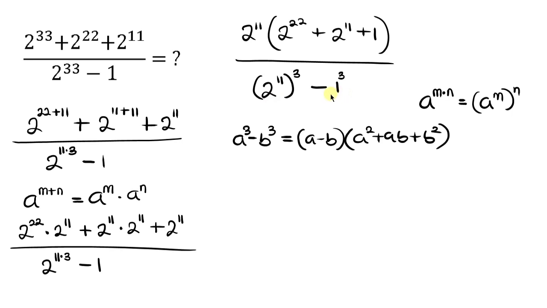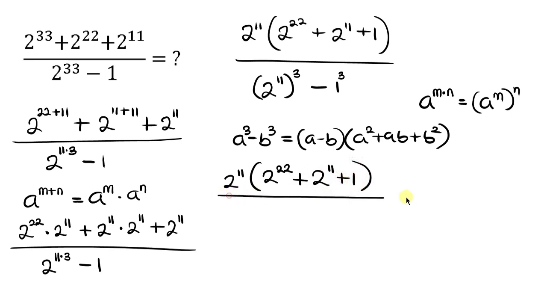Now notice that 2^11 is in the form of a and 1 is in the form of b. So our next step will be for us to write this like this. So we have 2^11 times (2^22 plus 2^11 plus 1) all over.